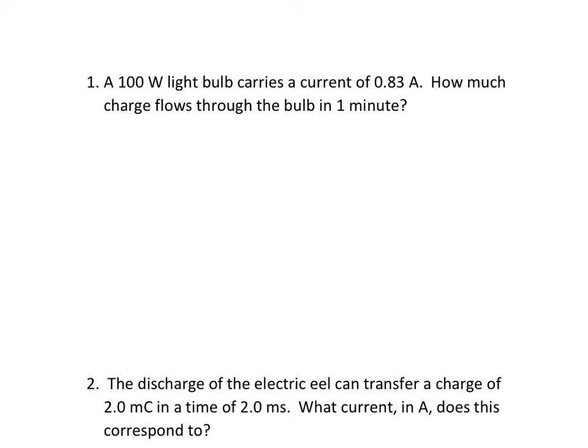Okay, two quick examples. I'm really just going to do the first one. We have a 100-watt light bulb carrying a current of 0.83 amps. How much charge flows through the bulb in 1 minute? You know that current equals delta Q over T, so current times time will tell us how much charge is flowing.